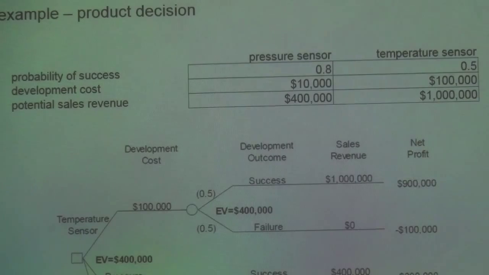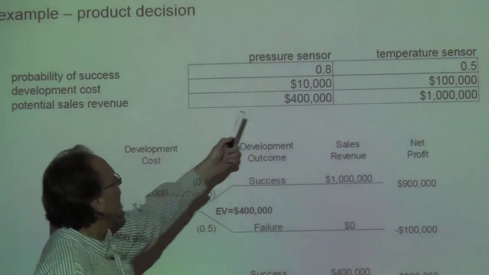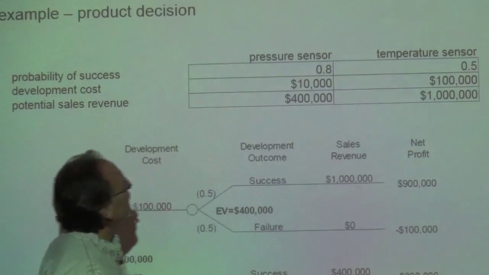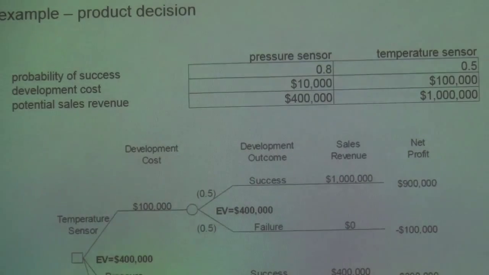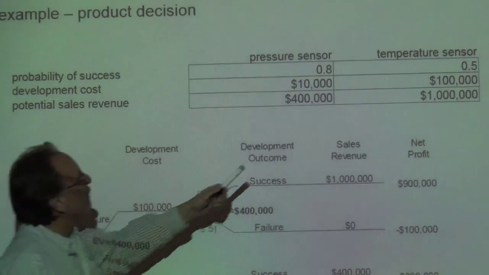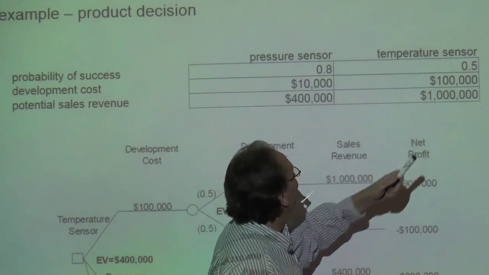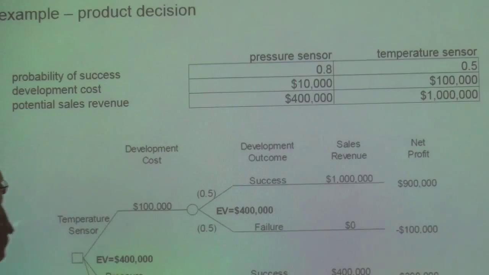The upfront cost of development is 10,000 for the pressure sensor, 100,000 for the temperature sensor. The sales revenue, however, with the lower probability and higher cost, is $1 million versus 400,000.